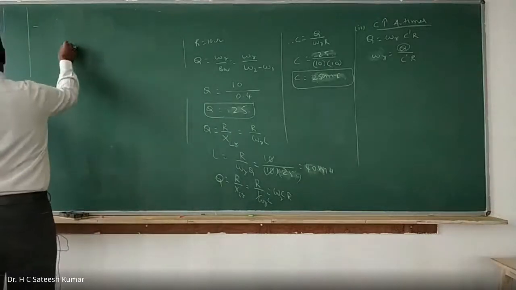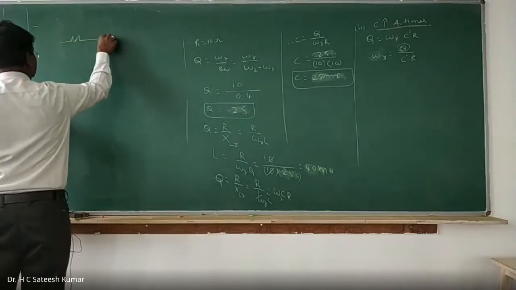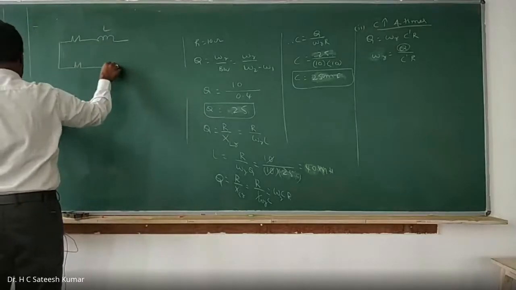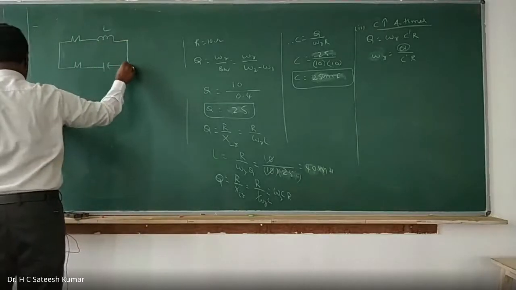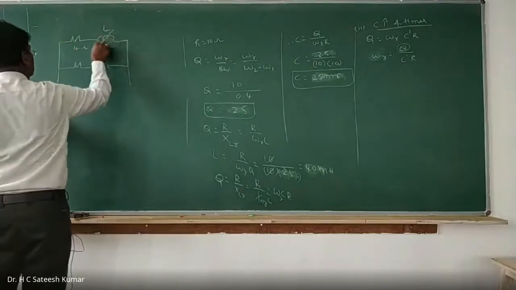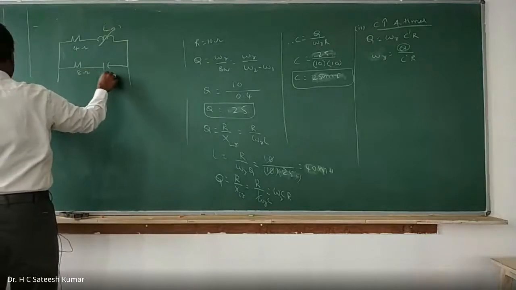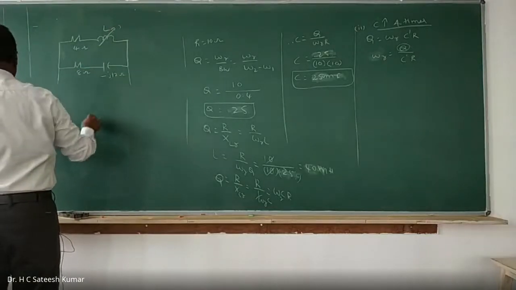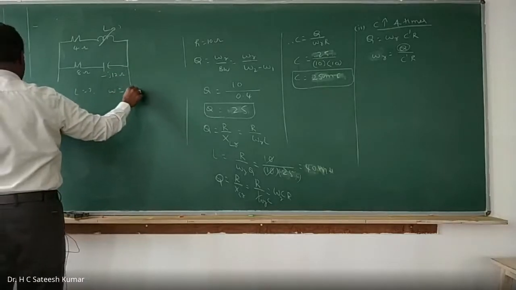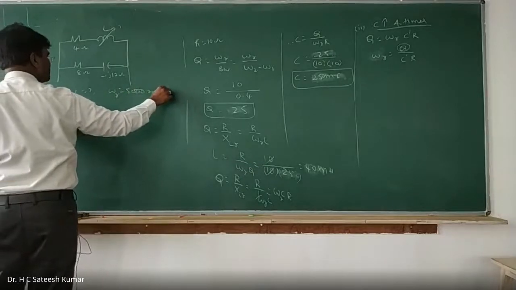This is 4 ohms, and we have to find L. 8 ohms, and minus J 12 ohms. Omega r is equal to 5000 radians per second.